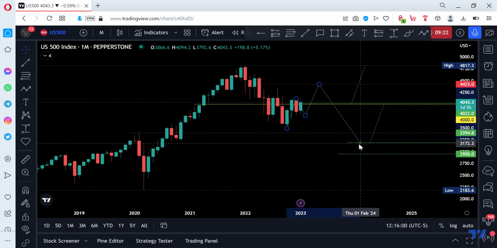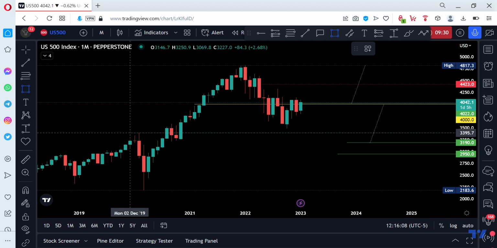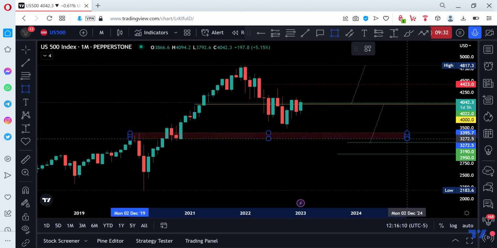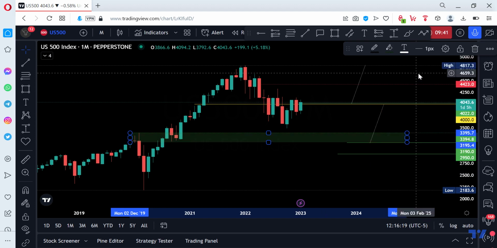We are more likely to come here, which is also an interesting zone because that's the pre-pandemic zone. All of these can act as support for bulls to buy. So definitely if we come there, I'm going to look to buy there.